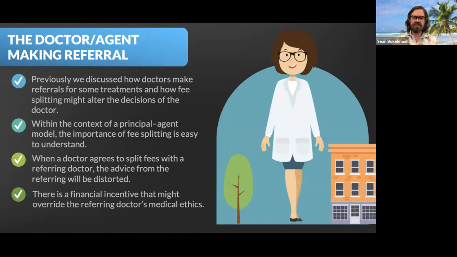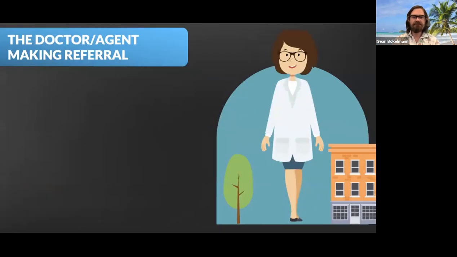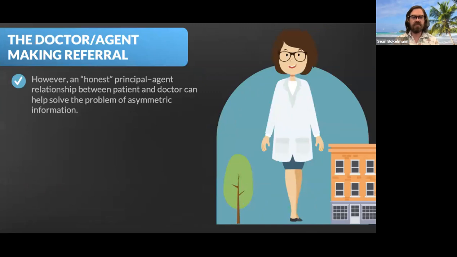And the reason for that is that there's a financial incentive for the referring doctor. And that financial incentive might override the referring doctor's medical ethics, what they feel is the right thing to do, whatever's right for the patient.